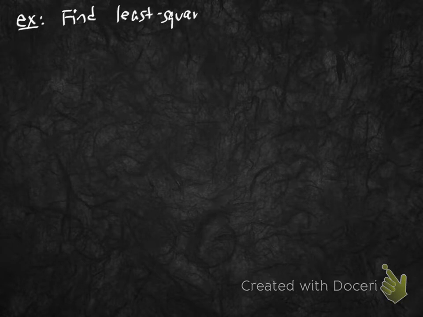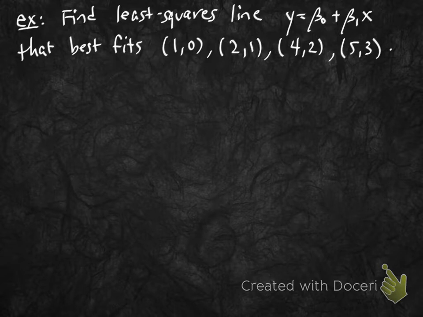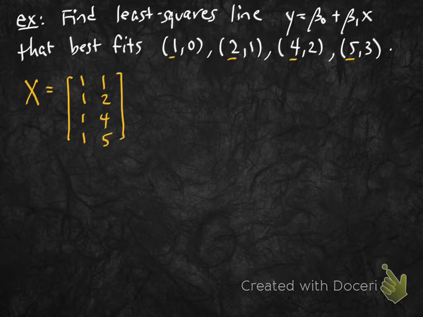So let's take a look at a concrete example. Let's find the least squares line, y equals beta naught plus beta 1x, that best fits the data 1, 0, 2, 1, 4, 2, and 5, 3. So we set up our design matrix X. The first column is all ones, and the second column is just the x coordinates of the data points, 1, 2, 4, 5.